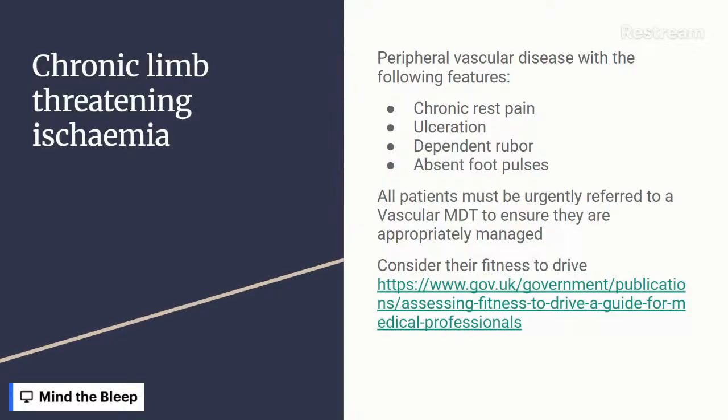So this chronic rest pain that I'd mentioned, if you're getting ulceration, the dependent rubor, so positive Buerger's test essentially, or completely absent foot pulses, they need to be referred to a vascular MDT, regardless of whether you feel that they would be fit for surgery or not. That's something for them to decide.